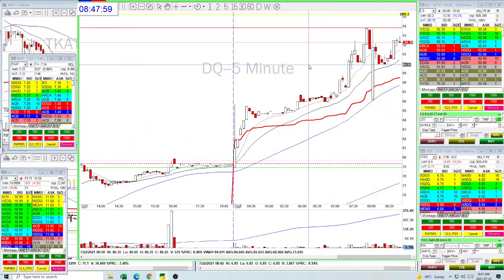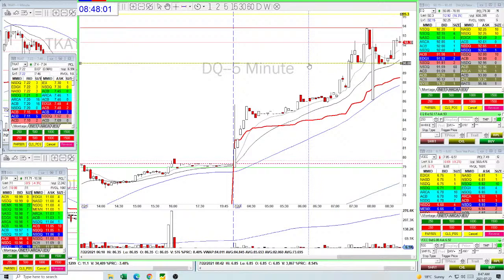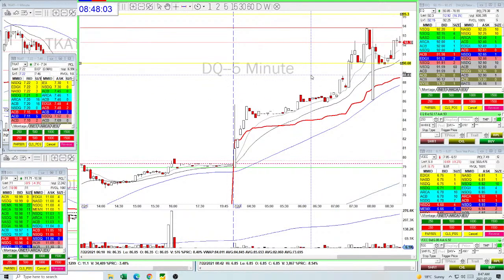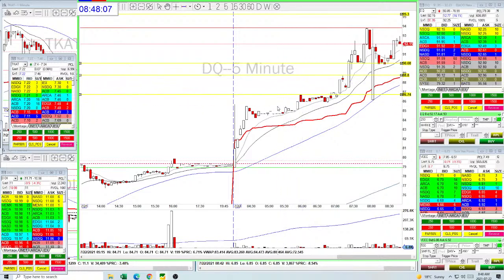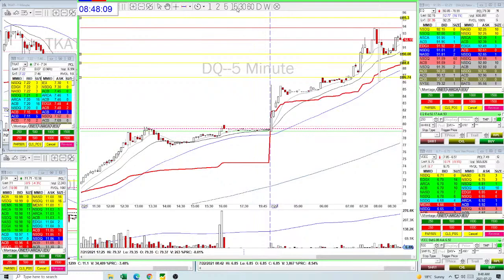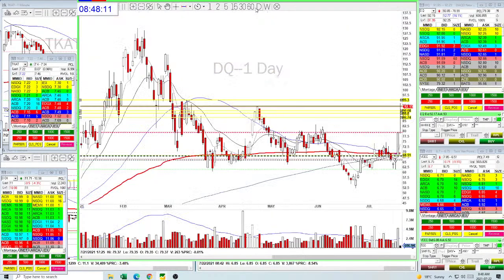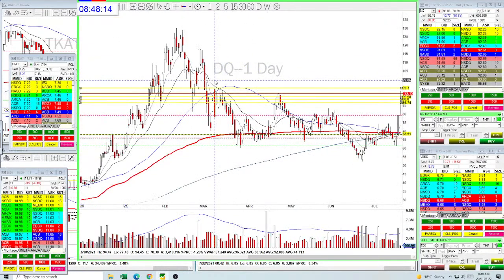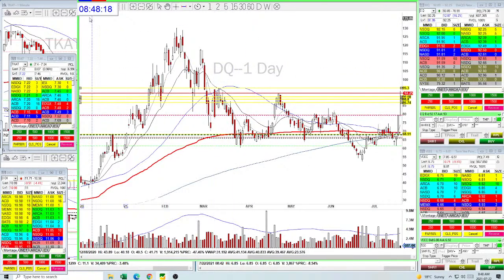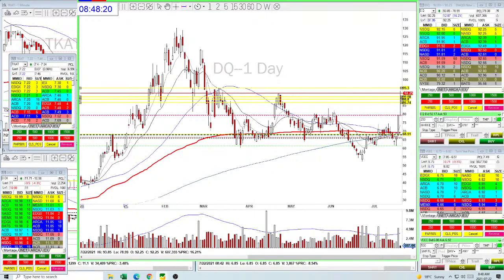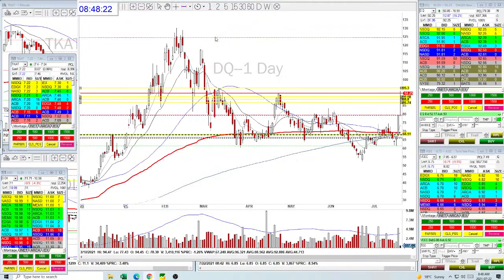Clearly, we see $90 is holding, with a couple of bounces from here. Then we have $89, and then we have 86. So these are the levels we have. And if we cross that level, then the next one we have is 98. That is too far away. So let's see what we can get out of this stock.